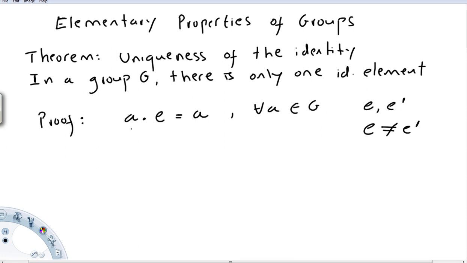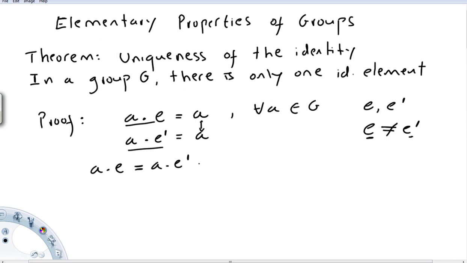So A will be an element in G. A times the identity equals A, and A times the other identity, E prime, is also an identity, so it will also be equal A. But A equals A, right? So this should equal this. A E should be equal A E prime.